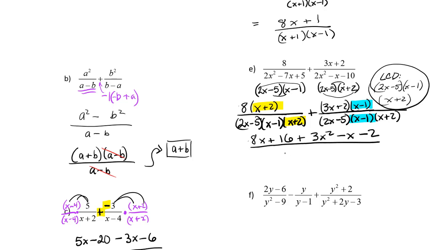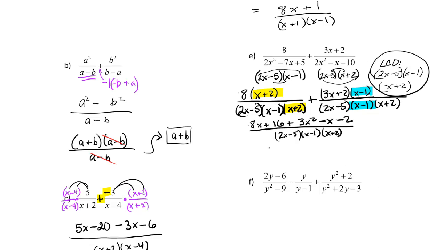And then in the denominator, just the LCD, 2x minus 5, x minus 1, and x plus 2. Combining like terms, I have 3x squared plus 7x plus 14 in the numerator.